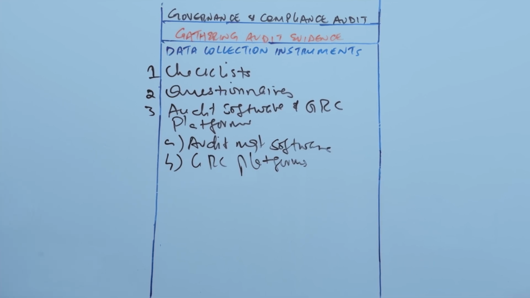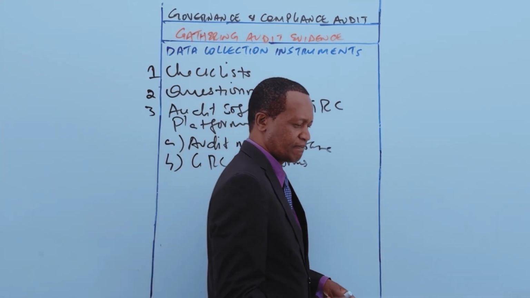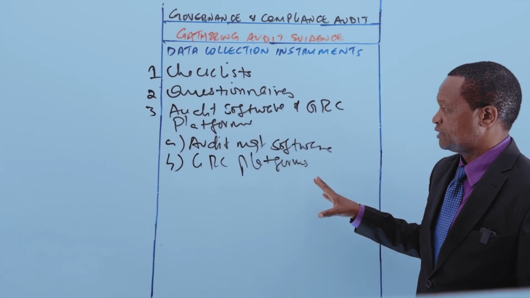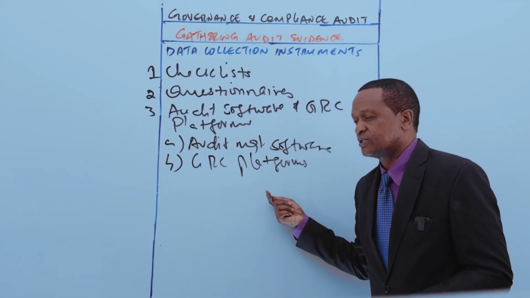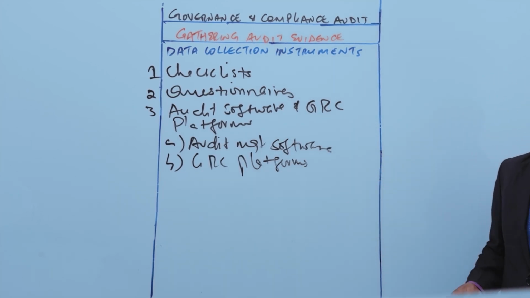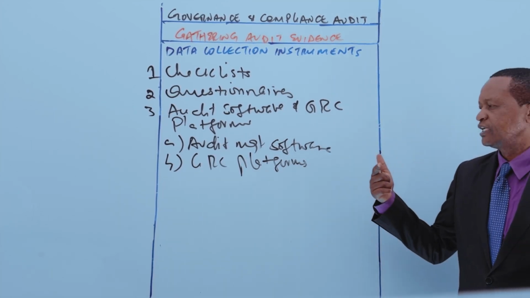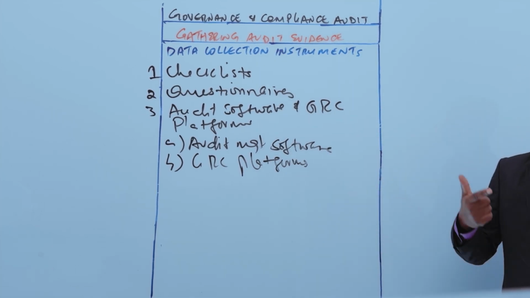And auditors can use these platforms to directly assess real-time data. These ones are managed by the organization. The auditor may be given access to these platforms so that the auditor gets real-time data. The auditor may get policies on these platforms and control documentation.